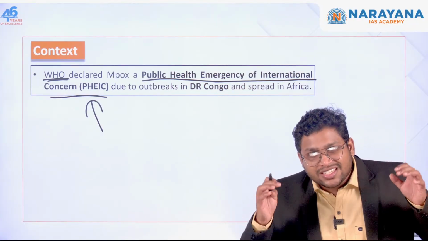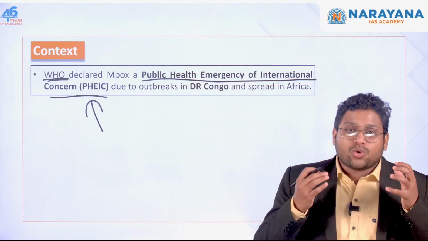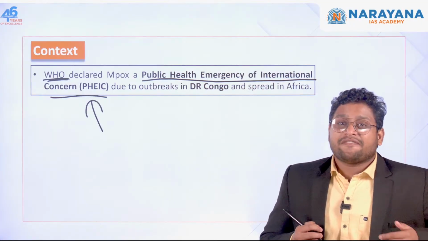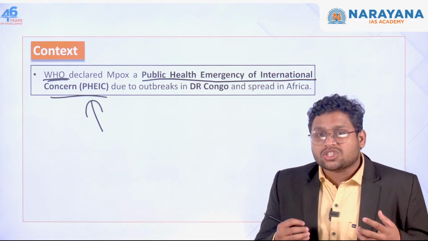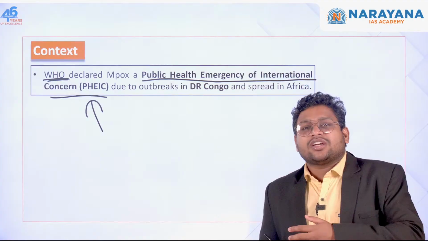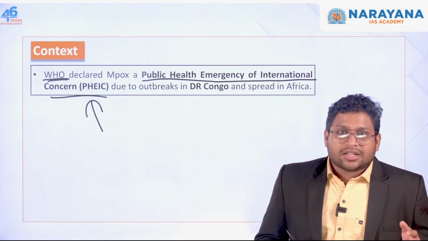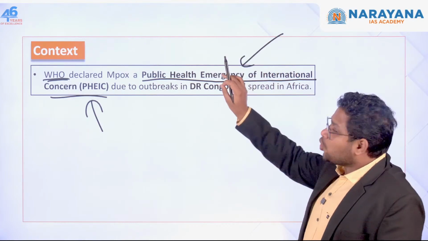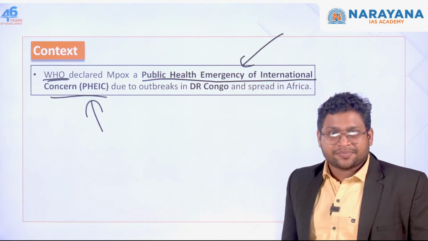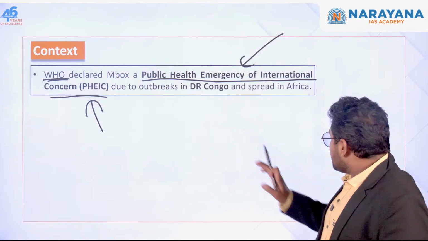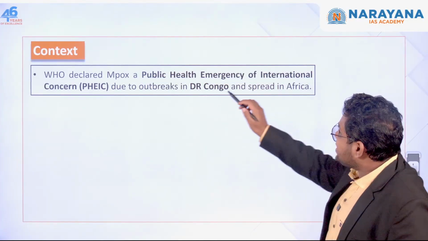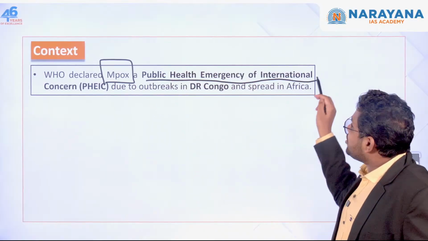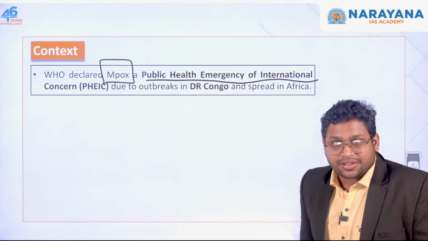So only such serious stuff, only such seriously spreading disease, which has some fatality rate or which is going to cause damage to the health throughout the world, such diseases are considered by WHO to be listed under this category. Okay. So the news says that WHO has declared mpox or monkeypox as a public health emergency of international concern.